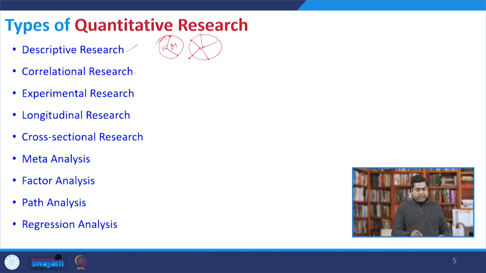Now coming to the next one, correlational research. If we have, say, 5-6 variables and we try to establish the interrelationship among them, then you can go for correlational research as a quantitative research approach. The other one is experiment. It is not like a questionnaire-based survey.